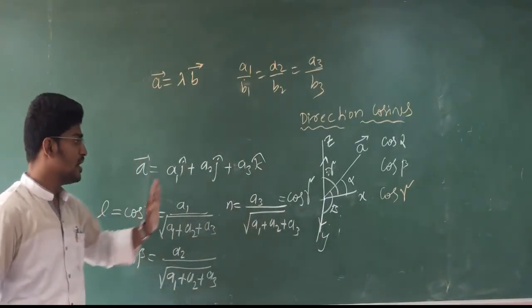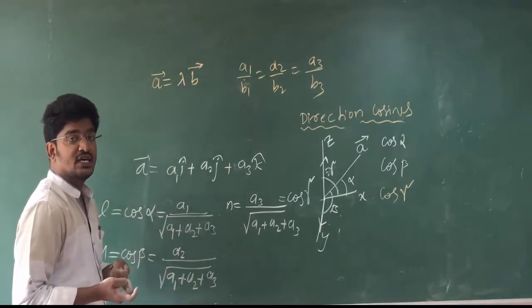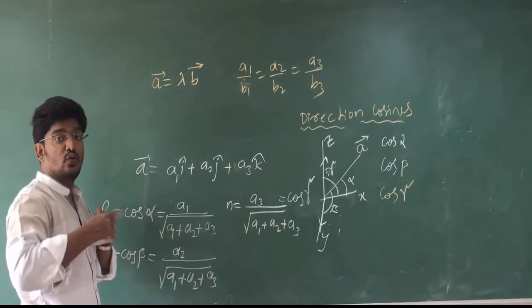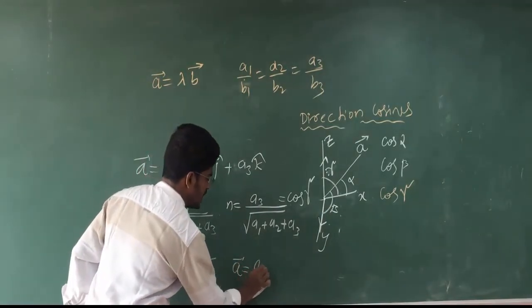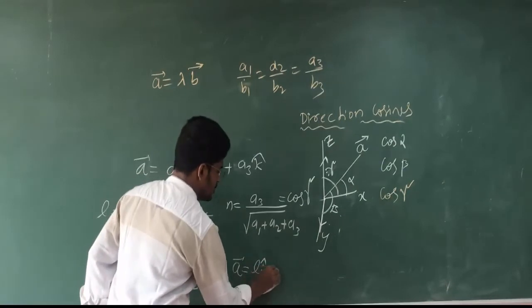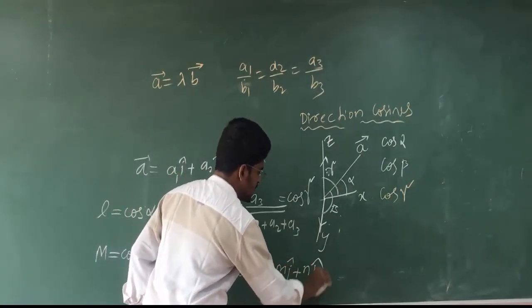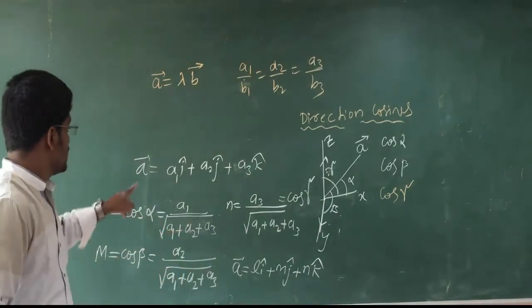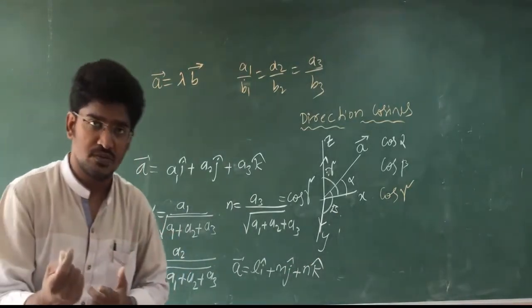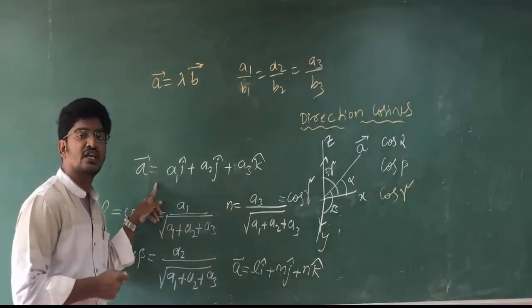L, M and N. Now, if you are going to write the given vector with direction cosines, your vector A will be L i cap plus M j cap plus N k cap. Here, the same vector A is written in two forms. One with direction cosines, another with direction ratios.